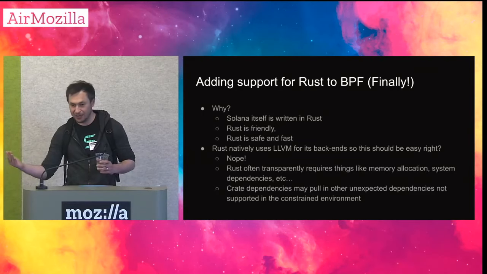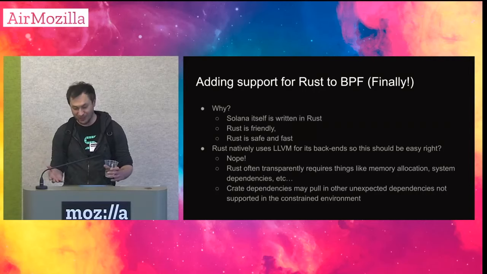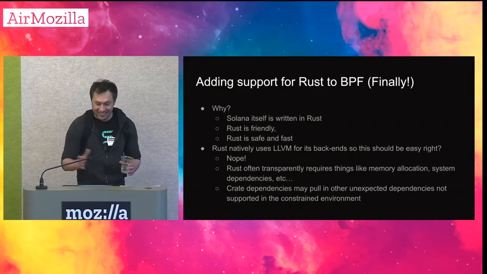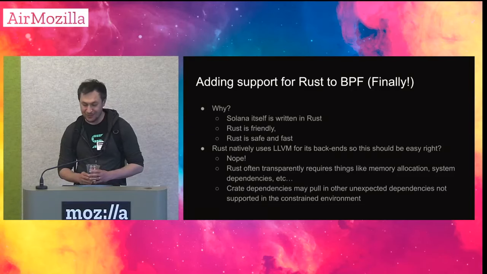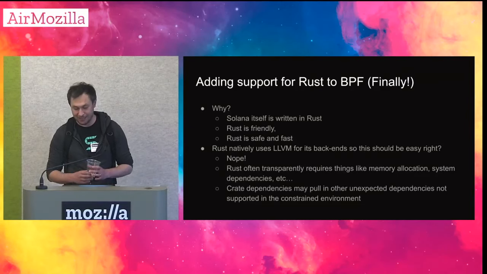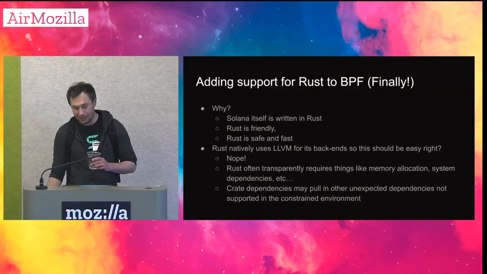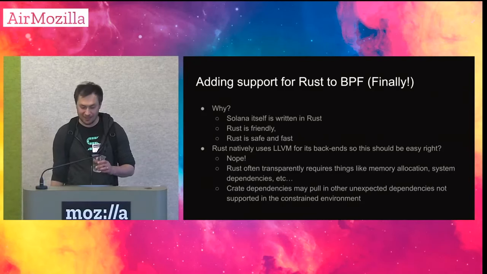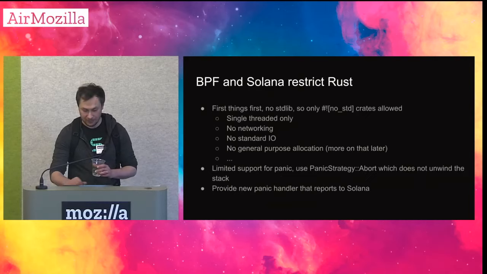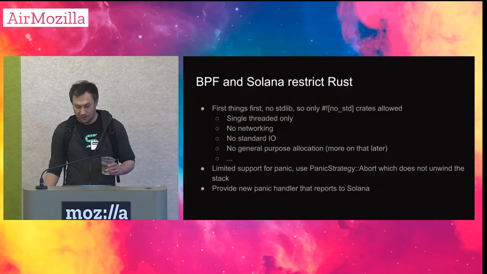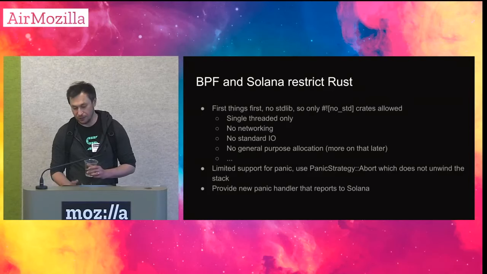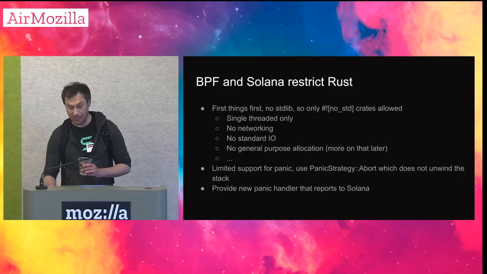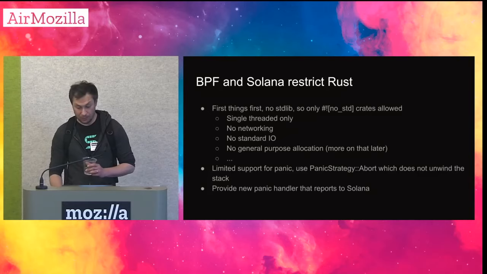Just take this backend, switch this thing, and that. No. So basically everything you can think of blows up. Rust often requires things like memory allocation, system dependencies, crate dependencies, pulls in every kind of thing you can imagine. And the environment that we need is single-threaded, no networking, no standard IO, no general purpose allocation, so no mallocs, limited support for panic.